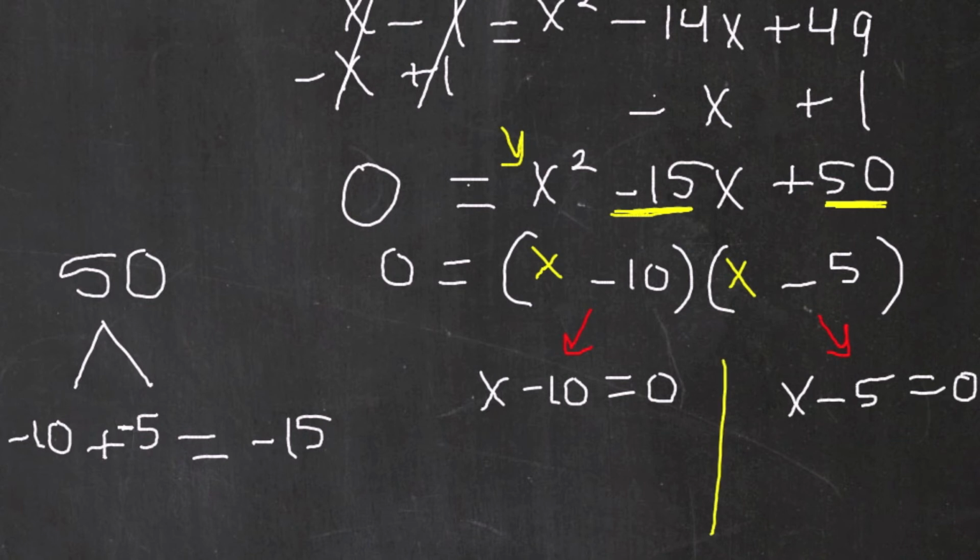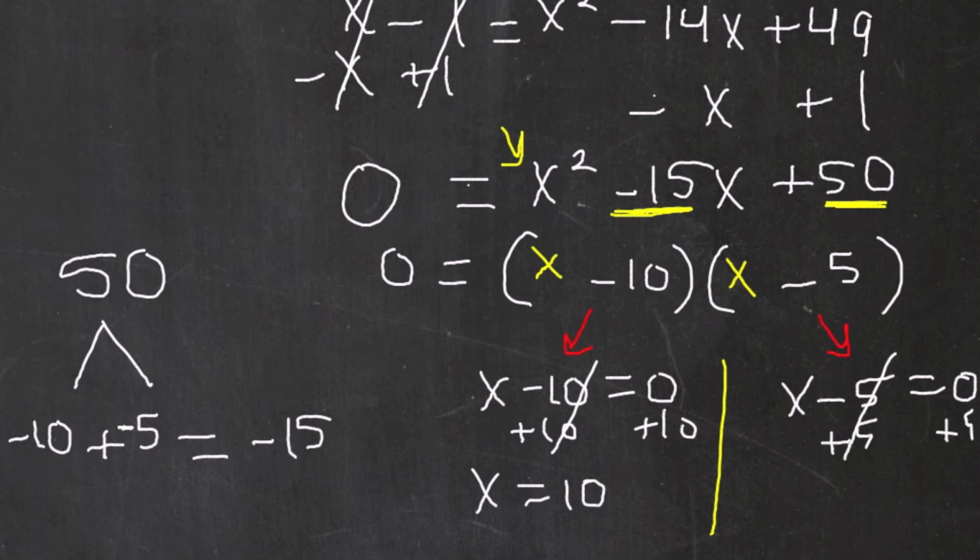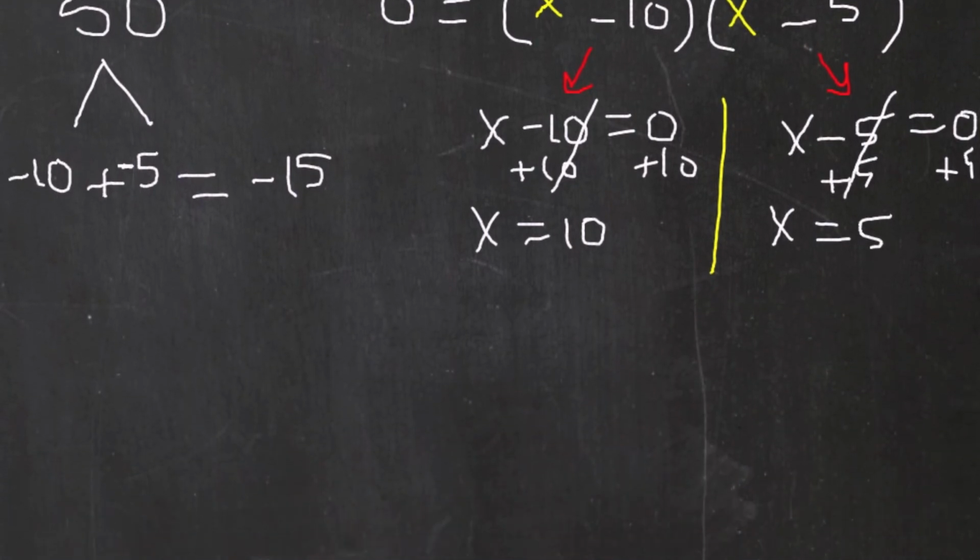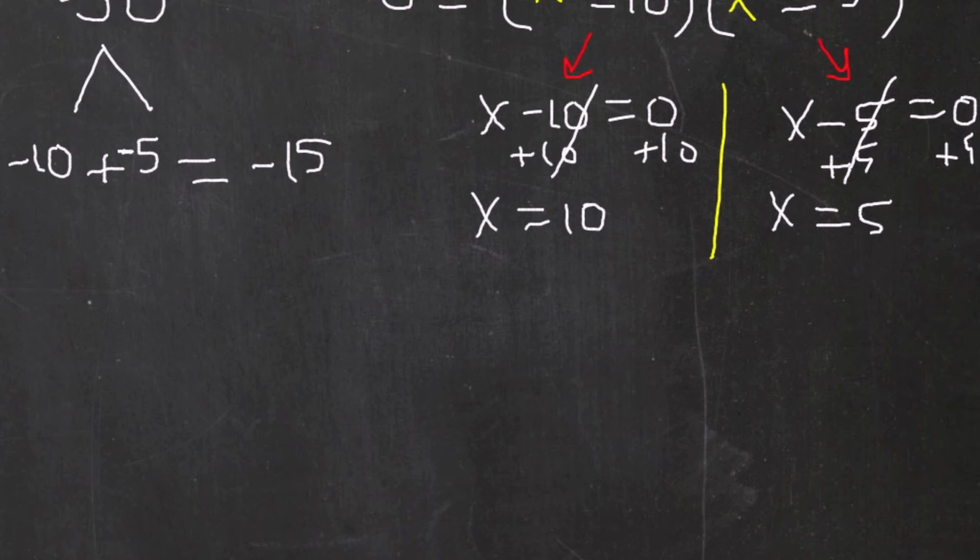Starting with x minus 10, we add 10 to both sides, which cancels that, so x equals 10. On the other side, where the x minus 5 is, I would add 5 to both sides, so x would equal positive 5. So far we found two answers: x equals 10 and x equals 5.